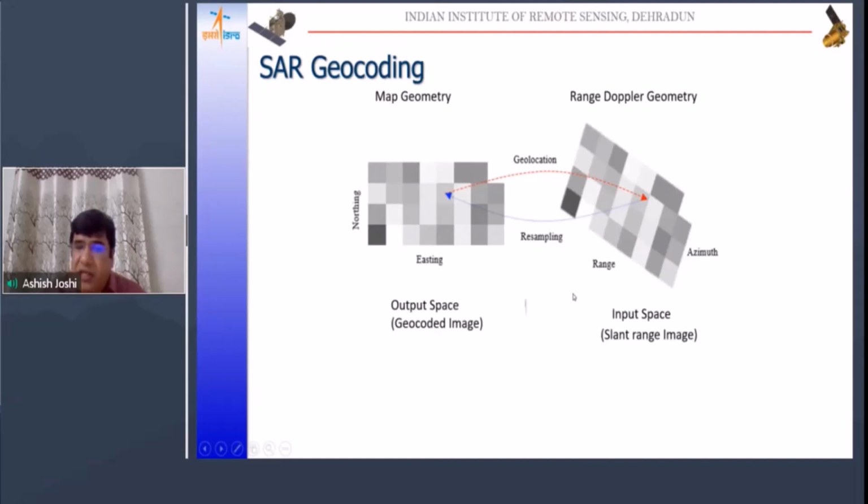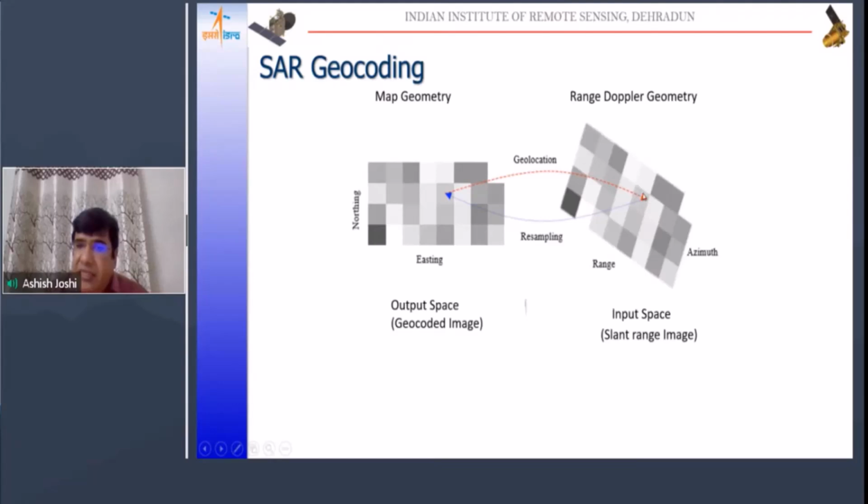Okay, so this is called the reverse geolocation. If we have the output space, say we have any DEM, then for a particular pixel we already have the lat long and height value. So for that particular lat long and height, we will do the reverse geolocation.